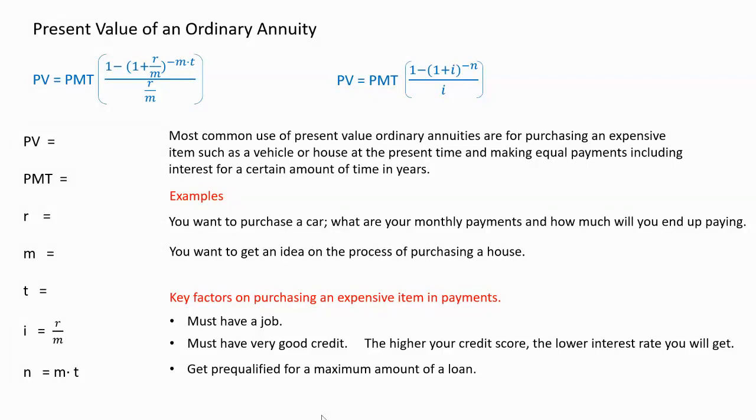Because if you don't get pre-qualified and you go look at houses, you're just wasting your time and also the agent's time. The reason for that is, say that you can only afford a house for 200,000, and you're looking at an area where the houses cost more than that, say 300,000 to 500,000.